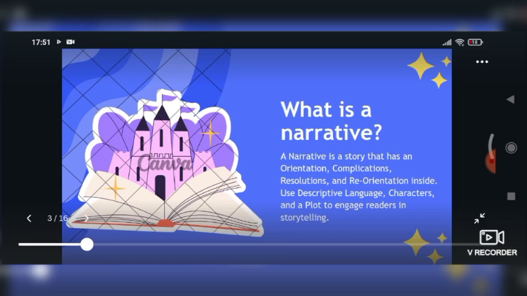Okay, so students, what is a narrative? A narrative is a story that has an orientation, complication, resolution, and reorientation inside, using descriptive language, characters, and a plot to engage readers in storytelling.